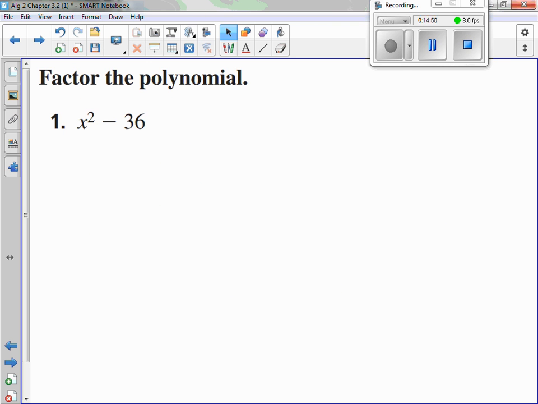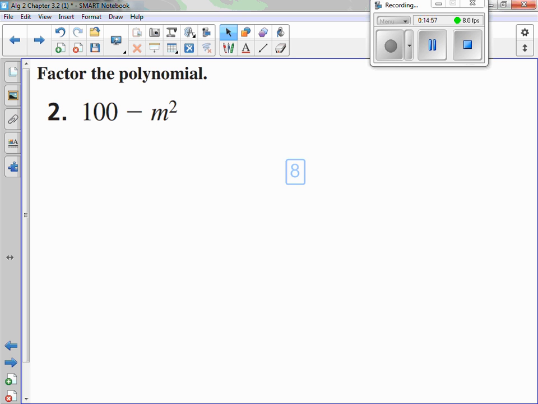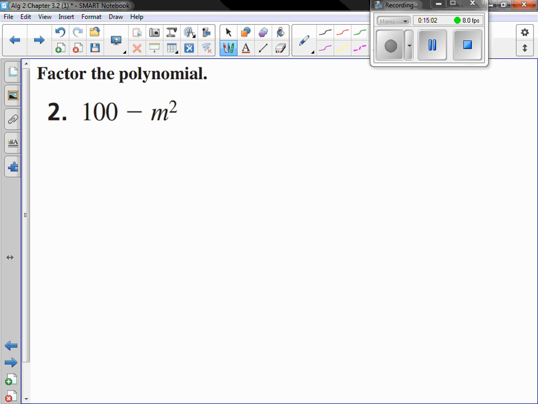Any questions on these here, now that I've thoroughly confused you with that one? So this is a difference, yes? Now we need to see, is it a difference of perfect squares? So can we take the square root of 100, which would be 10? So the first term and last term are perfect squares, yes?